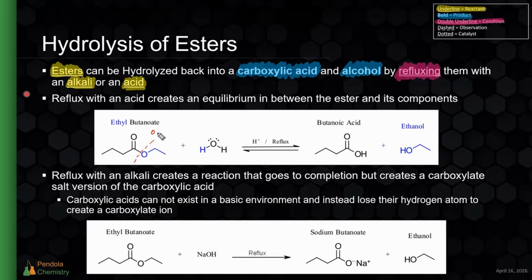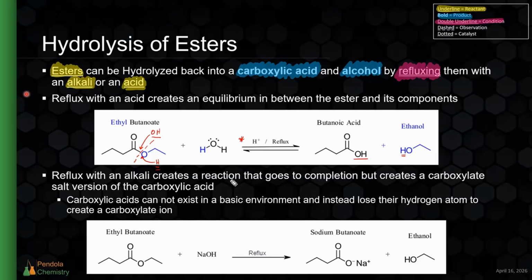And we're going to put an OH on the carbonyl side and an H on the oxygen side. That's going to give us, here's our OH that we added, our carboxylic acid. And then on the oxygen side, we add an H to the oxygen right here. And that's going to give us our alcohol.